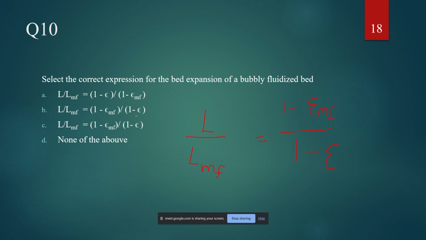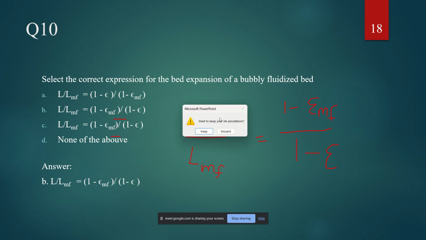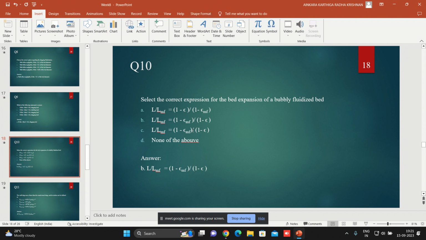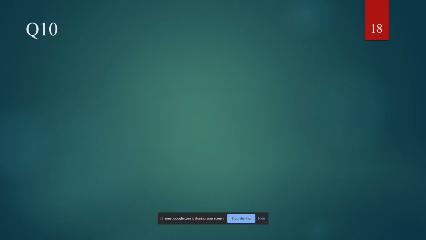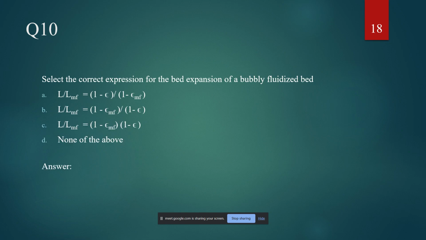Okay. Actually, both option A, B and C are the same actually. I am not able to find any difference in this. So, both are same. Maybe we can remove one of them, that is option B. L by LMF is equal to 1 minus epsilon MF by 1 minus epsilon.